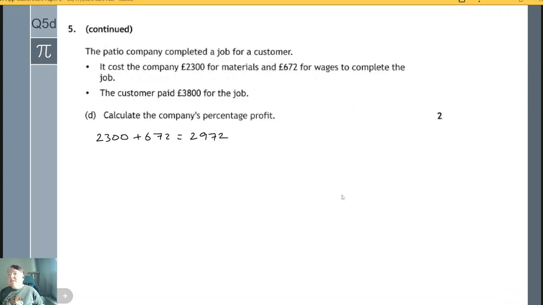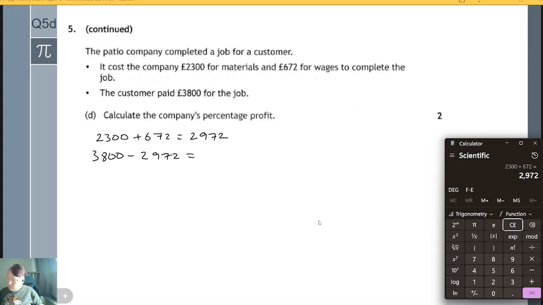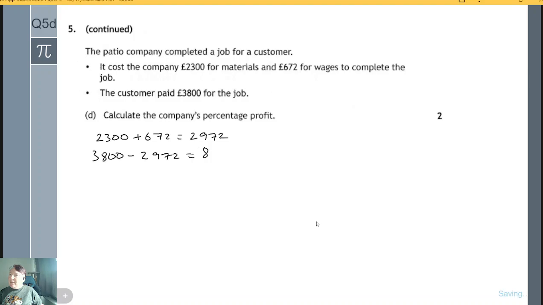All right, the customer paid 3,800, so 3,800 minus the 2,972, so we can find out what the actual profit is. So 3,800 minus 2,972 is 828, and that's the actual profit, and that was the actual cost.